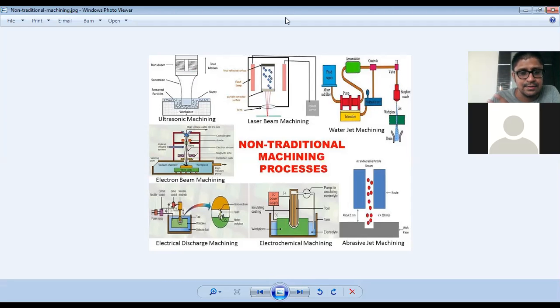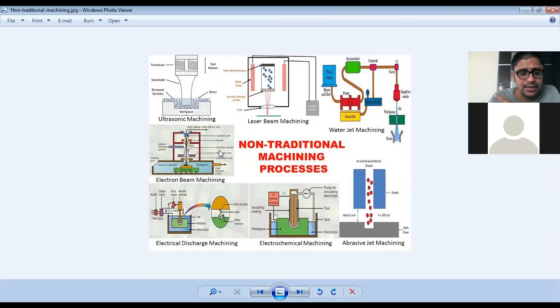Second, the setup or the basic components of a machine. Third, the process parameters of each process that govern the quality of the machining.